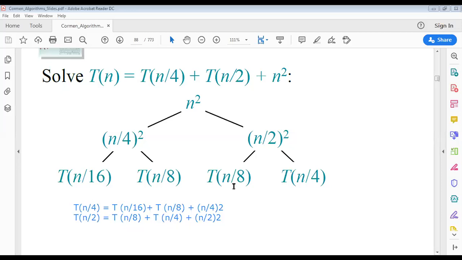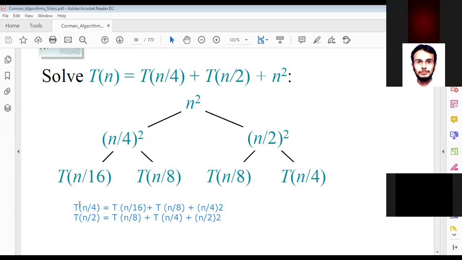So if we put n by 2 here, this will be the result. Till now, any question?